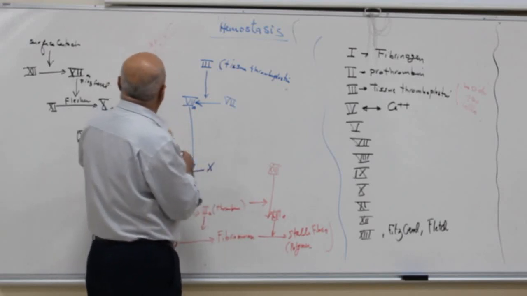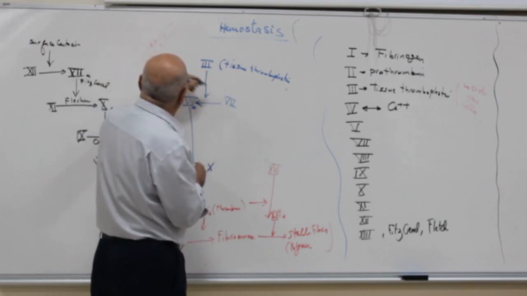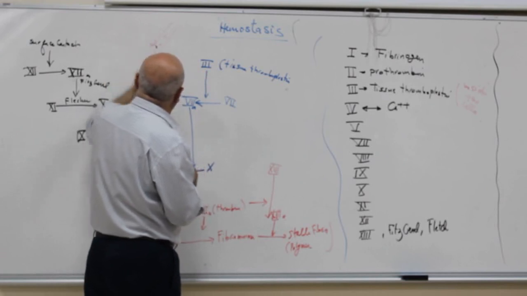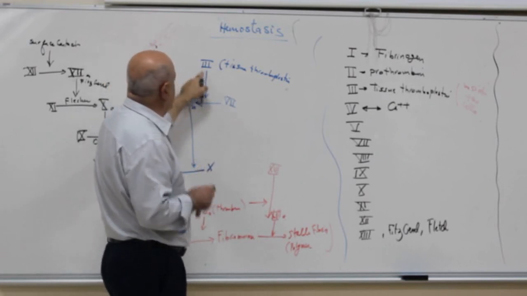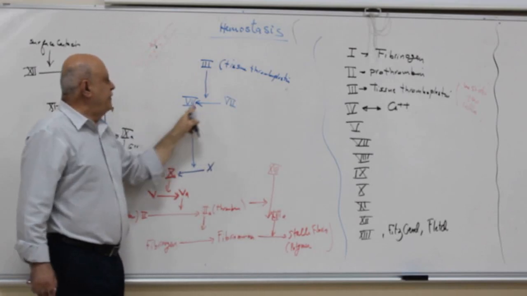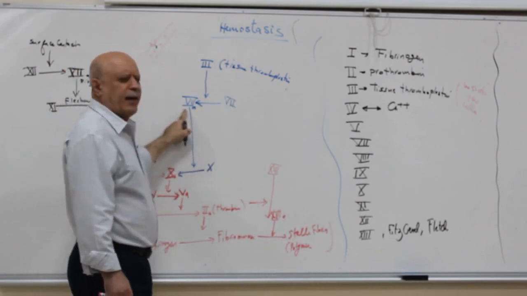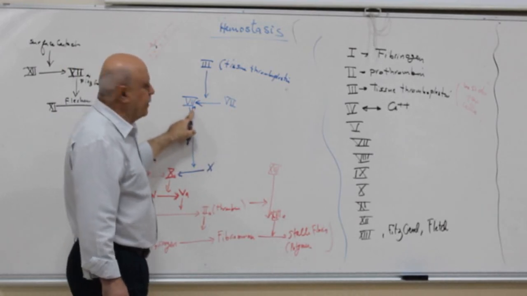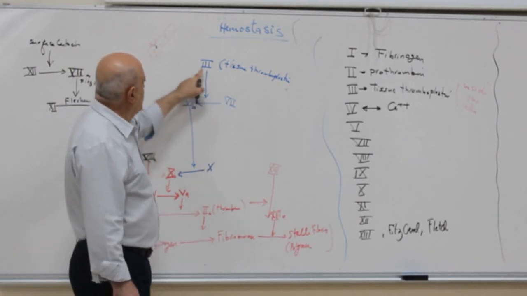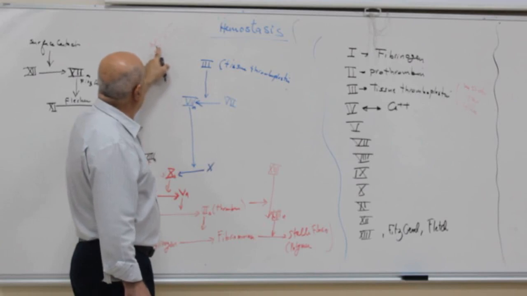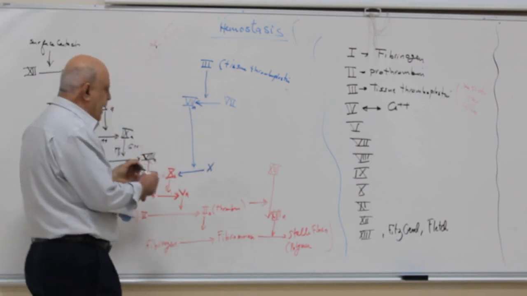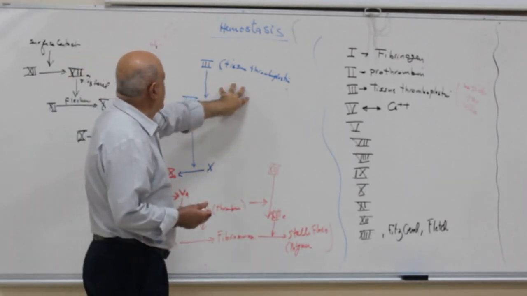The tissue thromboplastin, which is factor 3, leaks into the blood. See, this is inactivated, and this is activated. A for activated. So the tissue thromboplastin that leaked from the tissue of the damaged blood vessels activates factor 7 into activated factor 7.